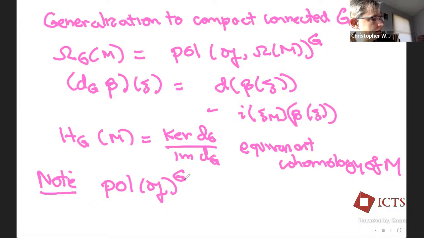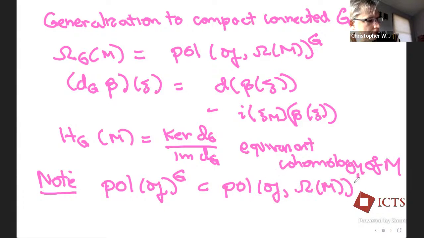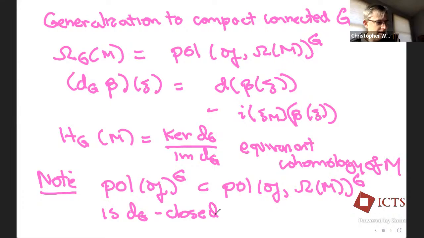This naturally sits inside polynomial maps to forms, and this subspace is dG closed, because I'm just talking about constant functions. So d of these things is 0, and constant functions are 0-forms, so the contractions are also 0. And so the space of invariant polynomials maps to the cohomology.